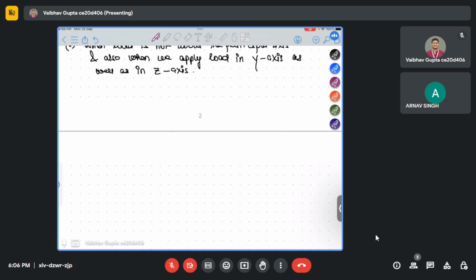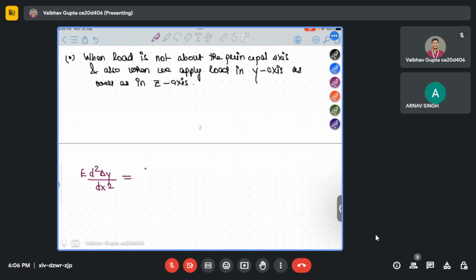The formula to calculate this is E d2 delta y by dx square equal to (Iyy Mz plus Iyz My) by (Izz Iyy minus Iyz whole square).